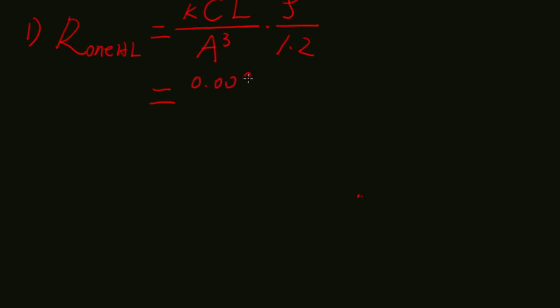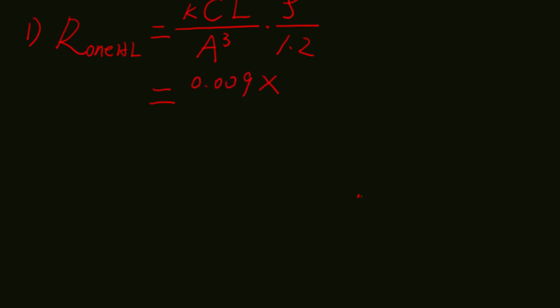So, question 1. The resistance for one haulage level equals to, if you recall the Atkinson's equation, it's K C L divided by A cubed, times rho divided by 1.2. K is given, K is 0.009.